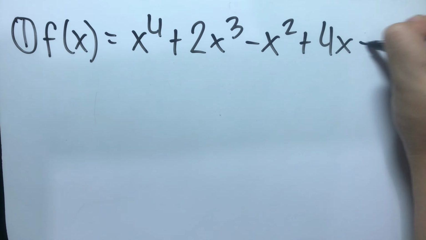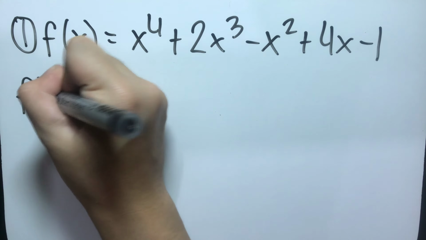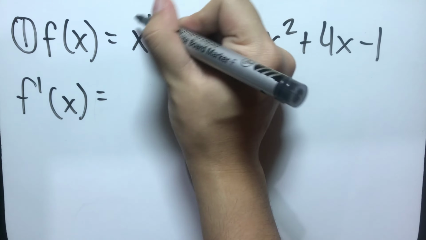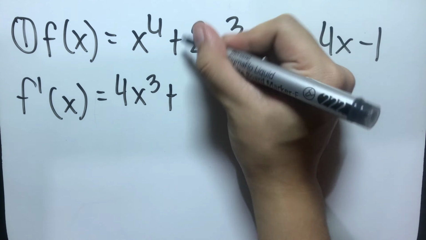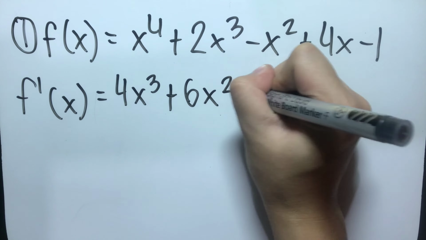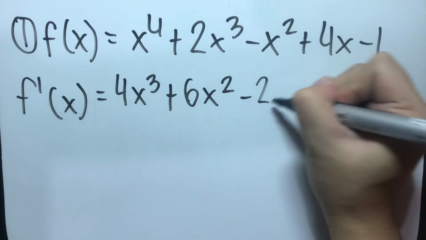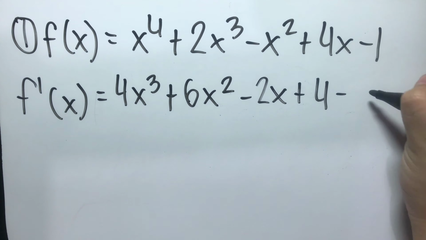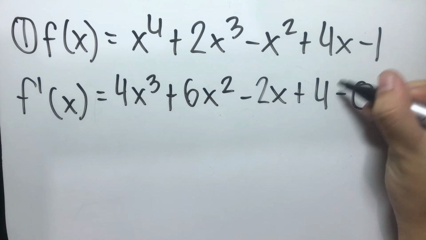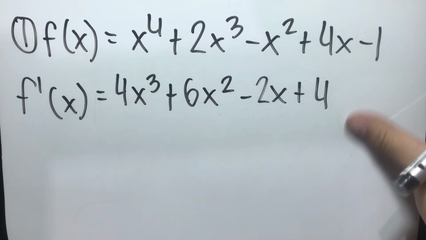So f prime of x is equal to the derivative of the first term, 4x cubed, plus the derivative of the second term, 6x squared, minus the derivative of the third, 2x, plus the derivative of the fourth, 4, minus the derivative of the last, which is 0. Since 0 is nothing, we can just get rid of it. So here's our final answer.